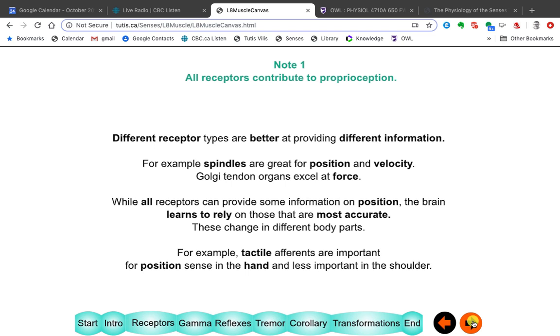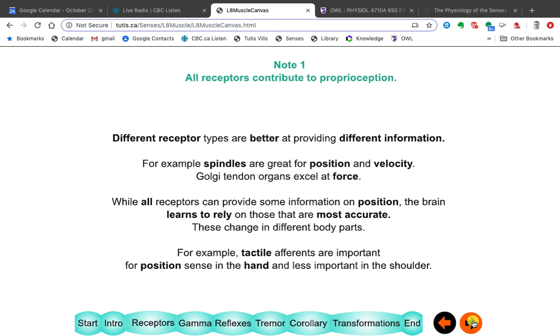Now, different receptors are better for different things. The spindles are very good both for position and for velocity. Velocity, you might remember, is speed, how fast the hand is moving.